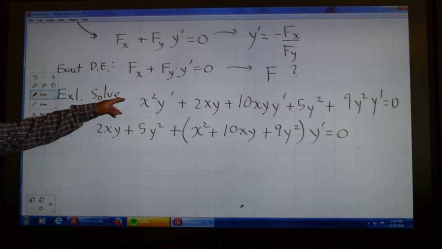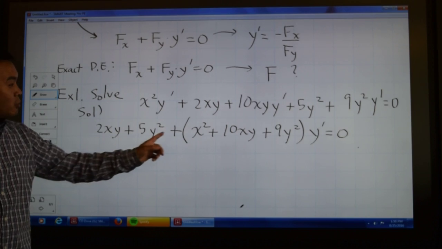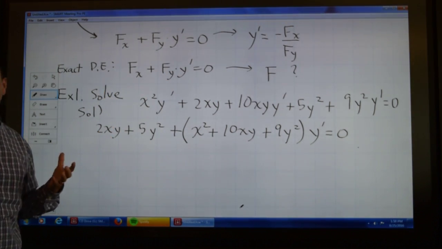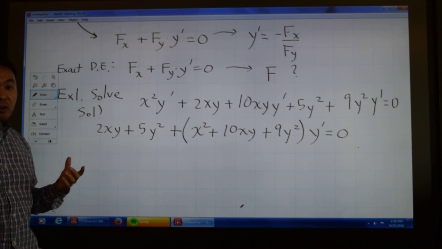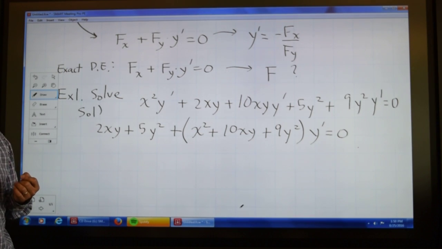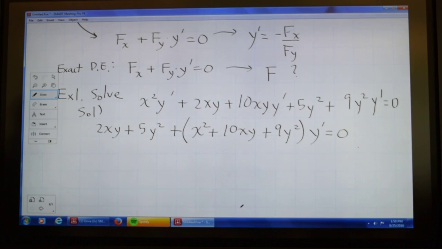So I just wrote this equation in this format because if you write it in this way, then the question is clear. I have a single function whose partial with respect to x is this function, whose partial with respect to y is this other function. What was the original function? That's the question.